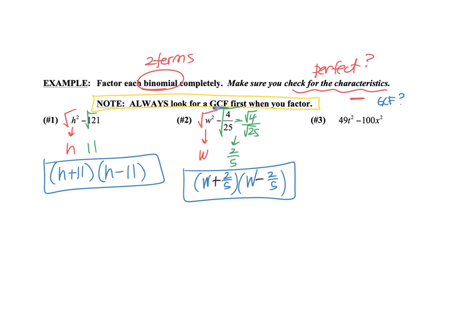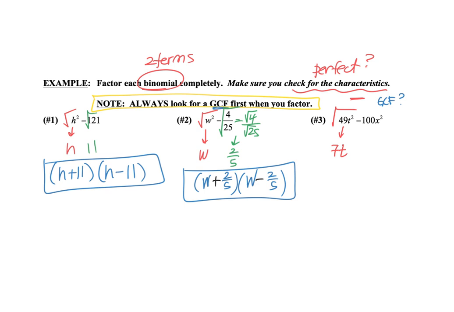One's a t, one's an x. Okay, so my next question is then, are they perfects? Is 49t squared a perfect? It is. 49's on my card, right? Square root of 49t squared is actually 7t, because I would have to square the 7 and the t to get back the t squared.